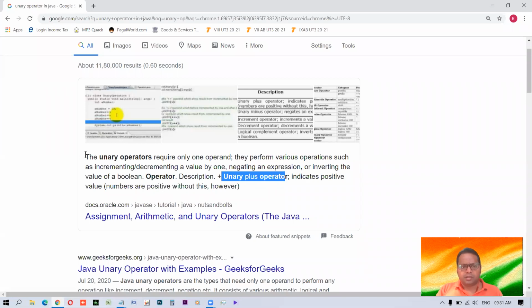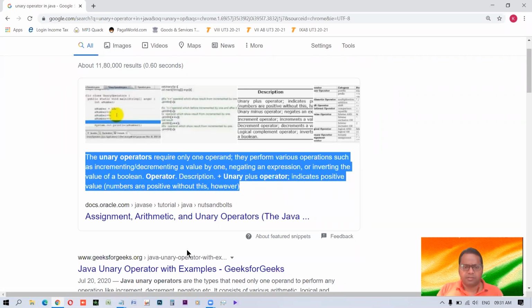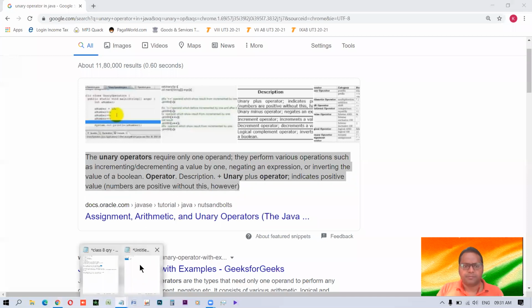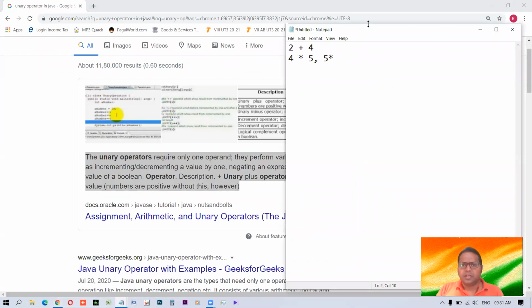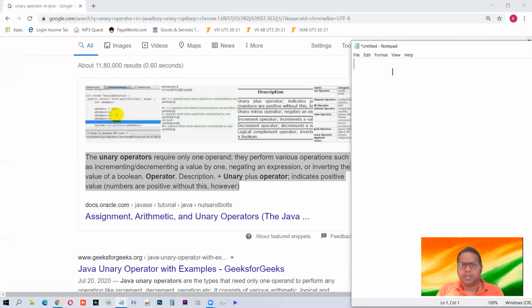Now let me explain this definition with the help of an example. It's saying that unary operators require only one operand. They perform various operations such as incrementing. Like we have a variable a, we are writing a plus plus. What it does, you know it.